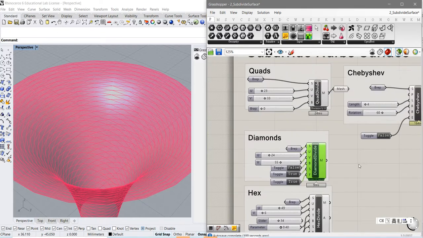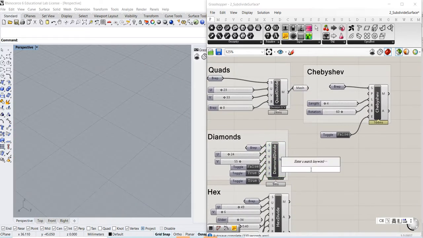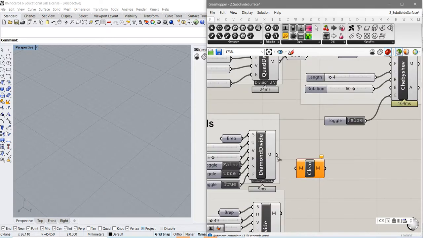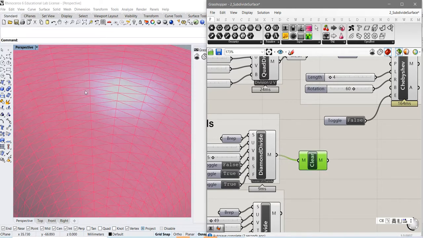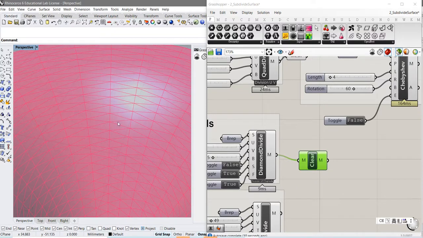But if we take a look at the true division of the mesh using this clear component, then you see that each of these diamond shapes actually consists of two triangles. Somehow in the NGon definition, these two triangles are merged into one diamond shape.